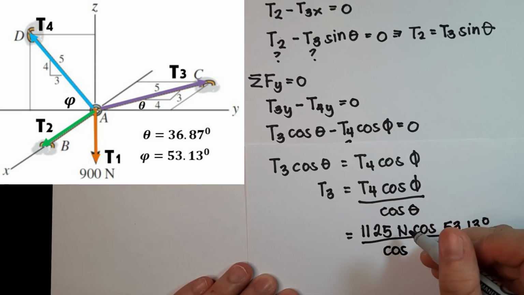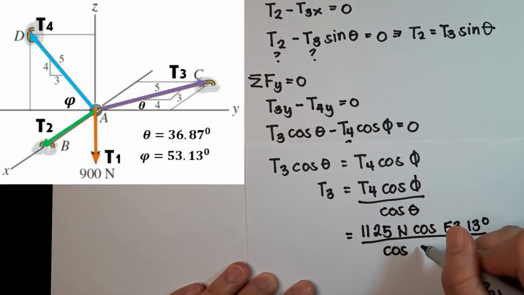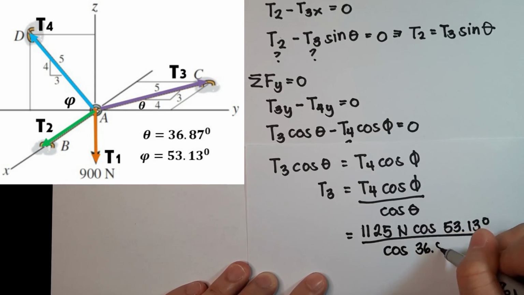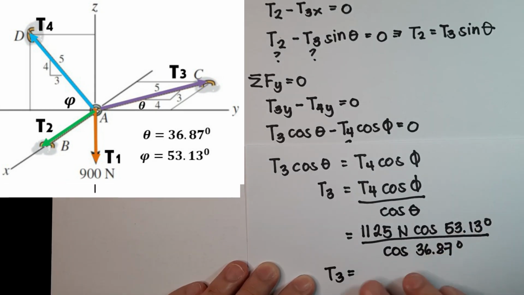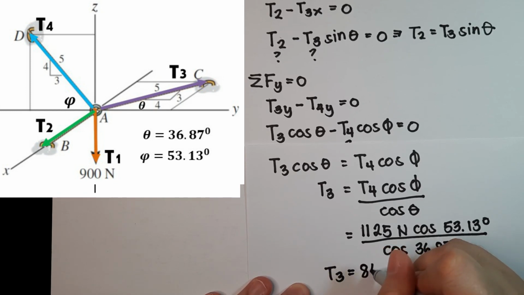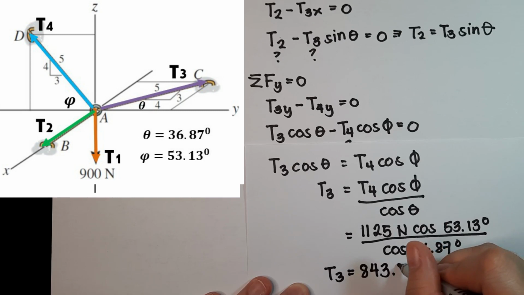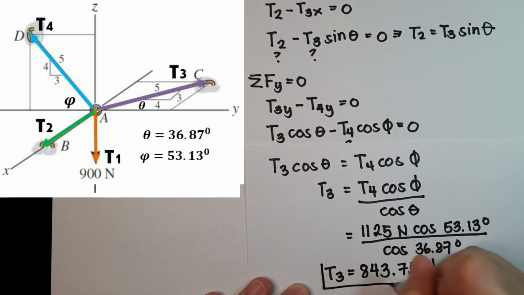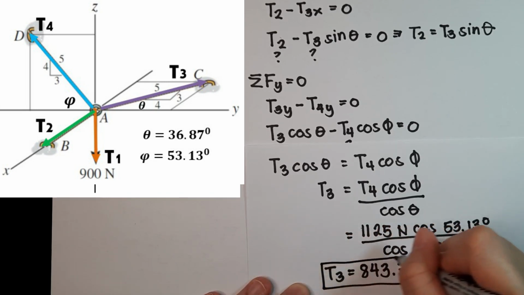Cosine theta is 36.87 degrees. So T3 is 843.75 Newton. So this is now our T3.